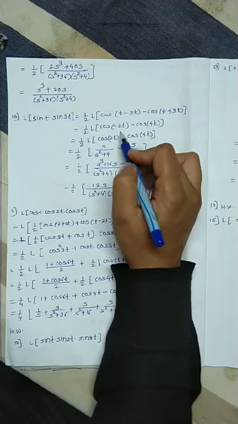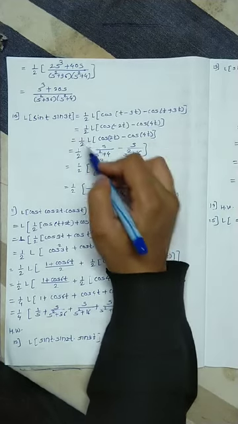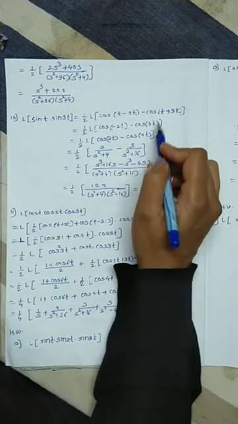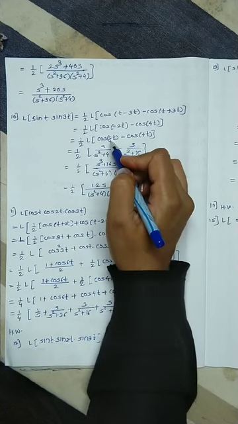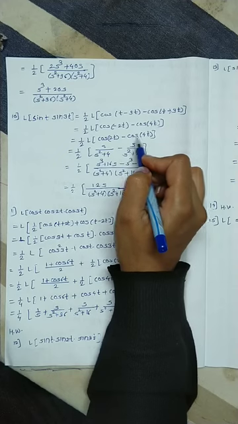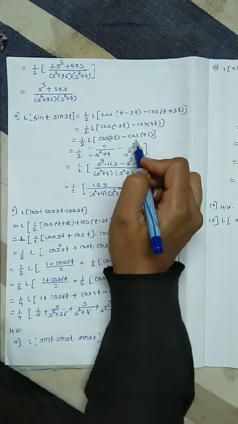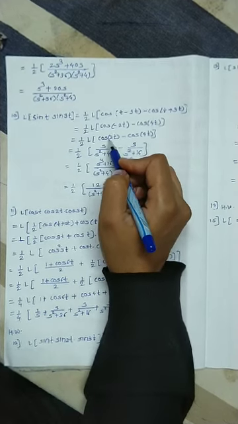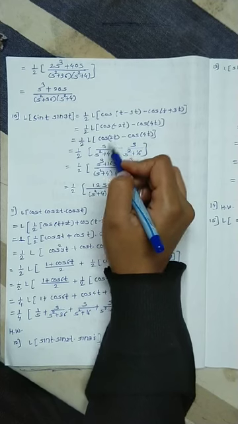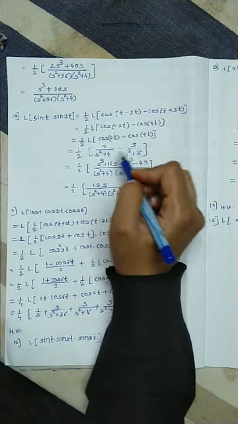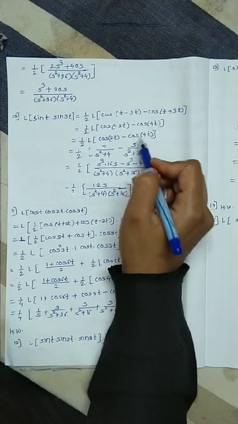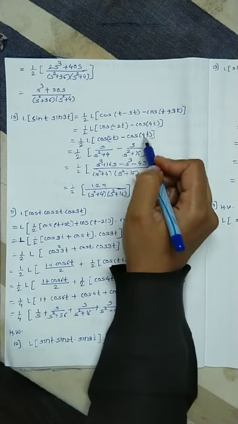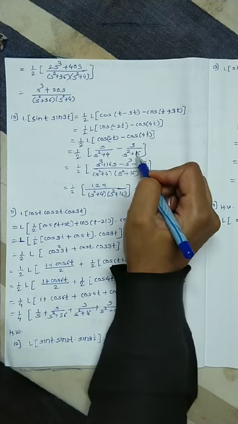T minus 3t is minus 2t, minus as it is, rest of the term as it is, cos of 3t plus t is 4t. Now again cos of minus theta is plus cos theta, so cos 2t, and take Laplace inside each cos. We get Laplace of cos 2t is s upon s square plus 2 square, minus Laplace of cos 4t, s upon s square plus 4 square, that is 16.